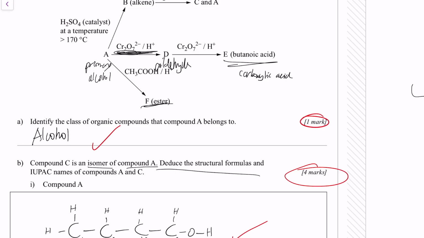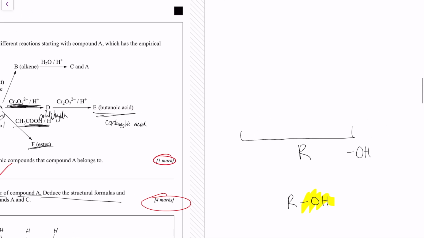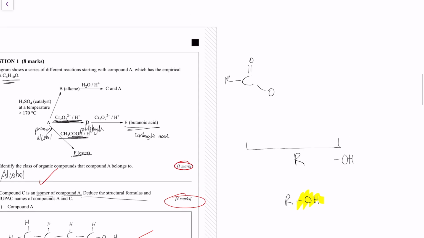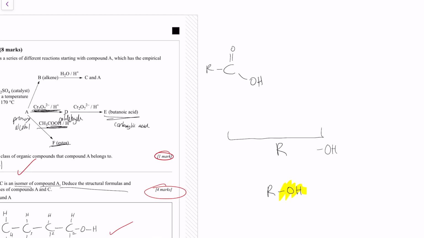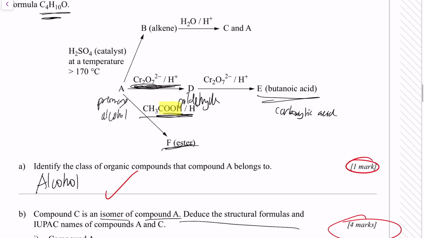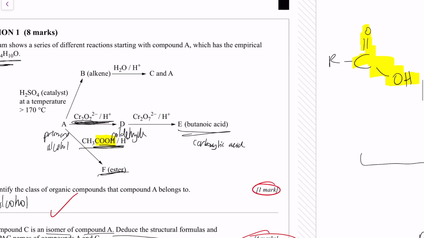And this right here is a carboxylic acid, because we have our C double bond O and OH, which we know would be just this. That's a carboxylic acid at the end. If I just highlight, that is our carboxylic acid, called a carboxyl group, I believe. C double bond OH.